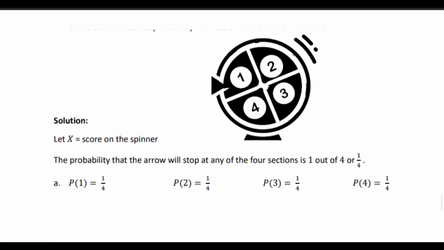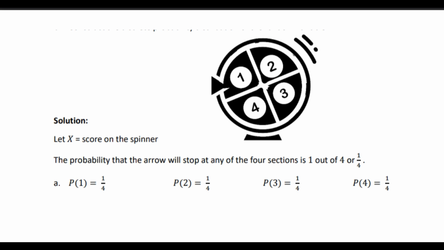Now, for our solution, this is our spinner, numbered 1, 2, 3, and 4. So let capital X be the random variable which is the score on the spinner. Meaning, our random variable X are 1, 2, 3, and 4.